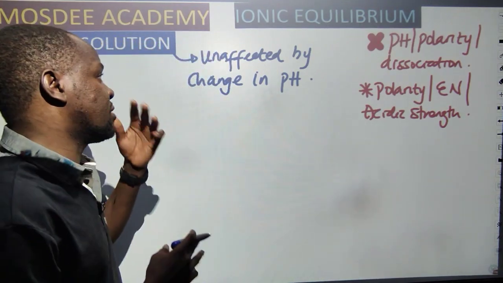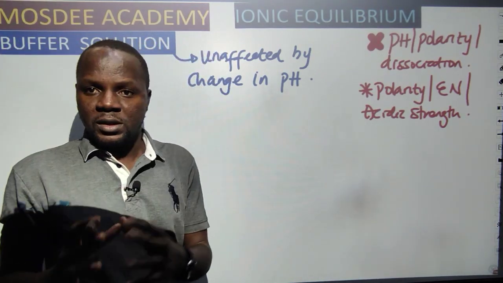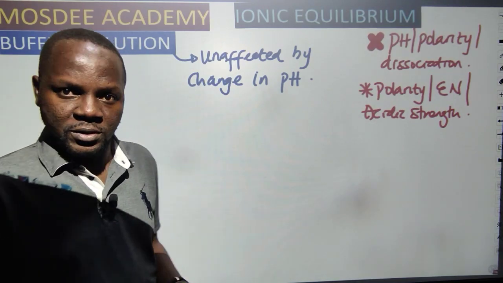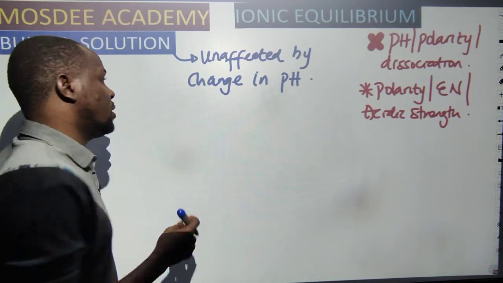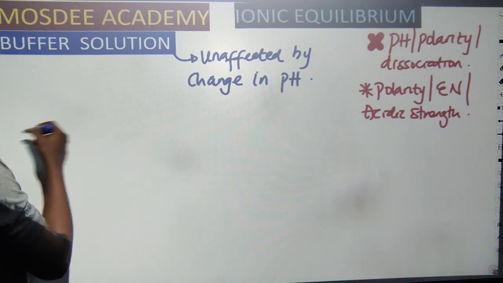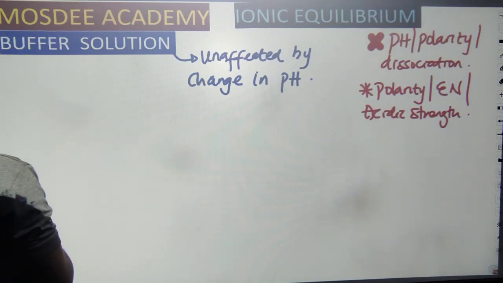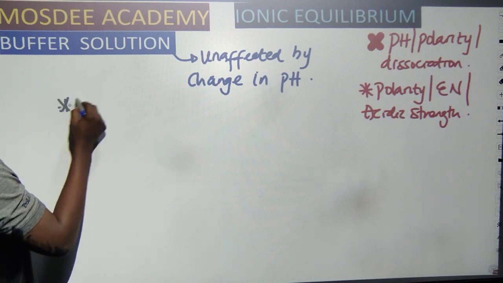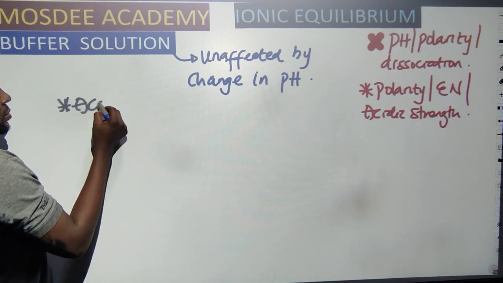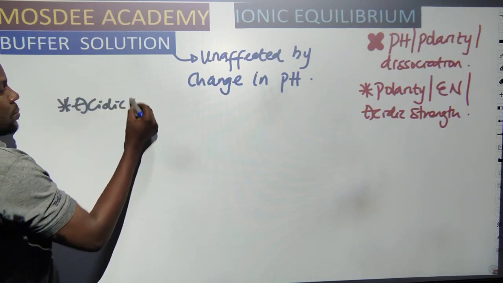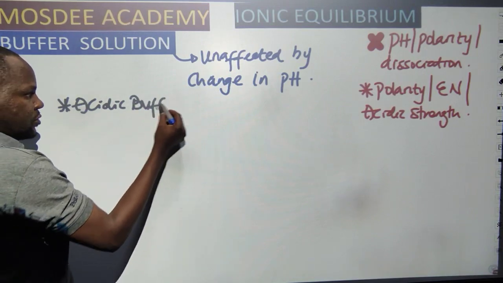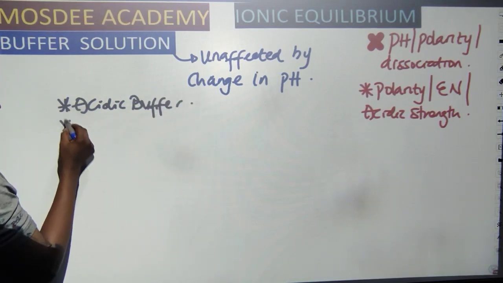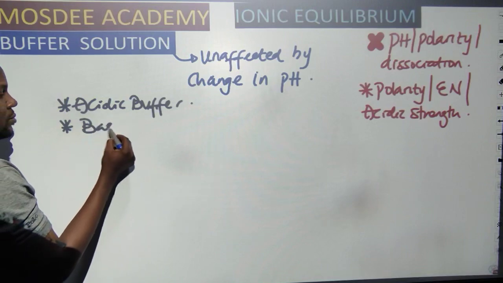Because they are unaffected by change, we have talked about water as an example. Blood is also another example. I'm not going into that. So we classify buffer solutions into different categories. The categories I'm going to talk about are the acidic buffer, just understand this once and for all, and the basic buffer.